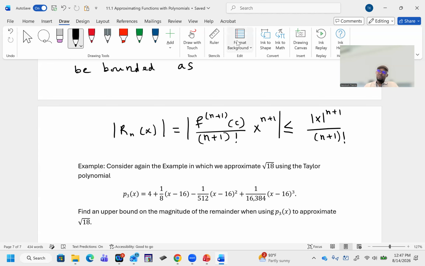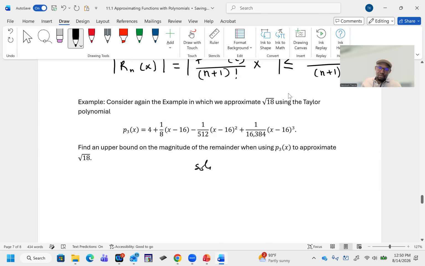So, of course, we can see in this problem, we have n is 3, right? a is 16, and x is 18.